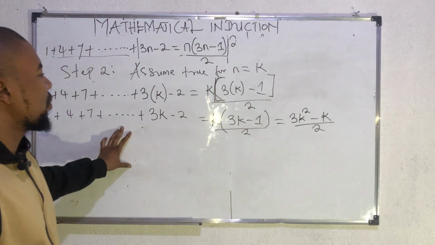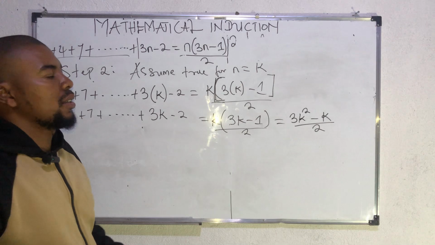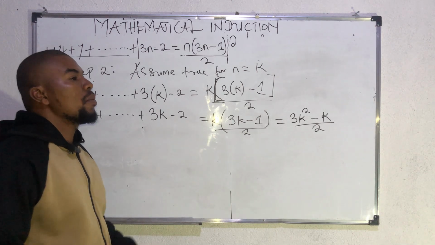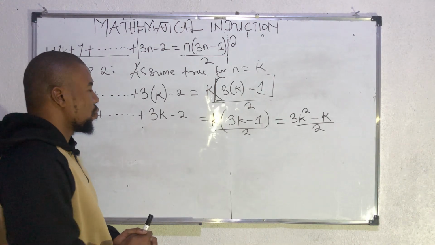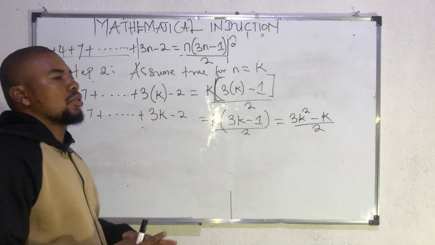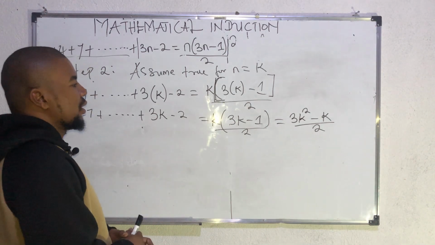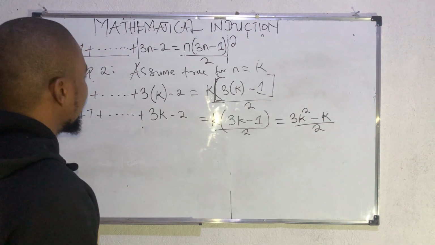So right now, we're going to do the third step. And for the third step, which is the inductive step, where we prove true for n is equal to k plus 1, it's a bit technical, but it's not really difficult to understand if you can watch me closely and pay attention to what I'm doing right now.